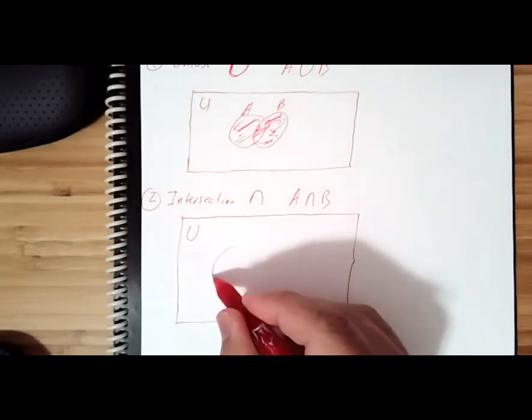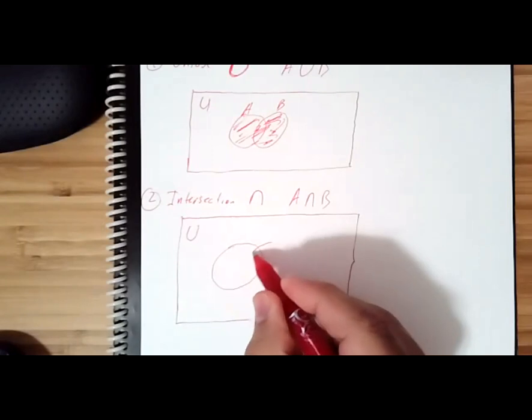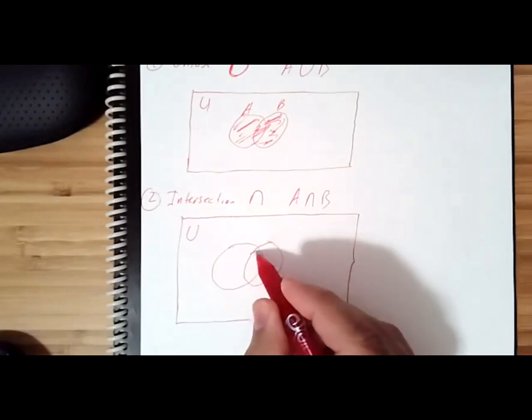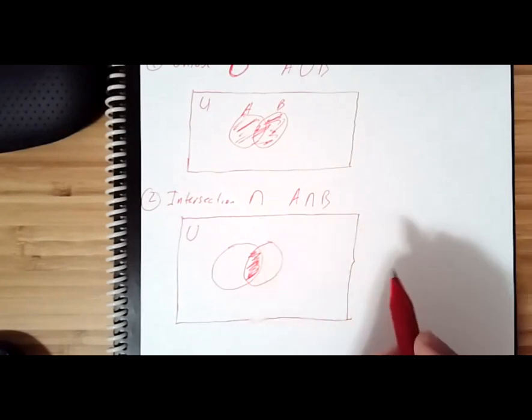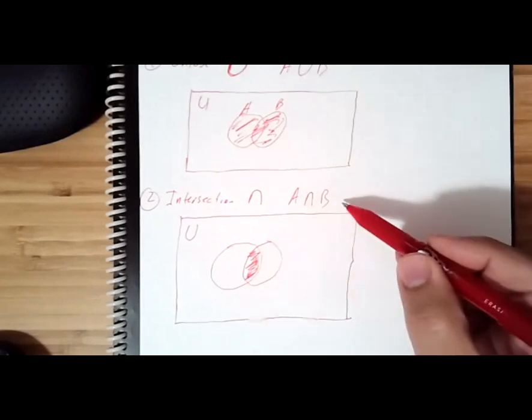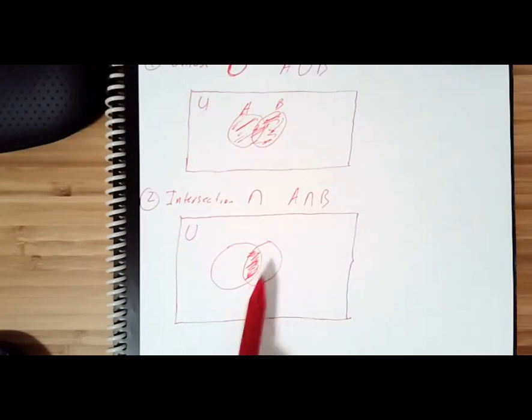If you have two circles overlapping each other, this intersection piece is what they mean. That is A intersect B, not the outside stuff.